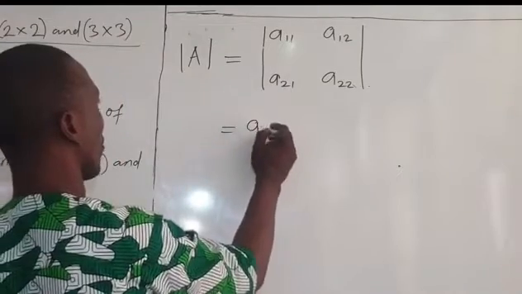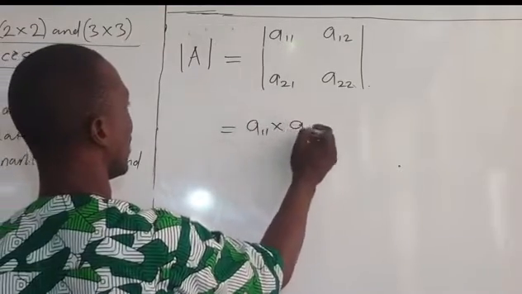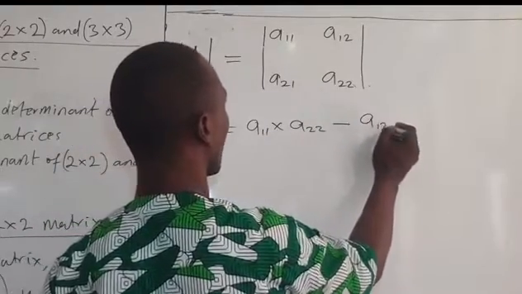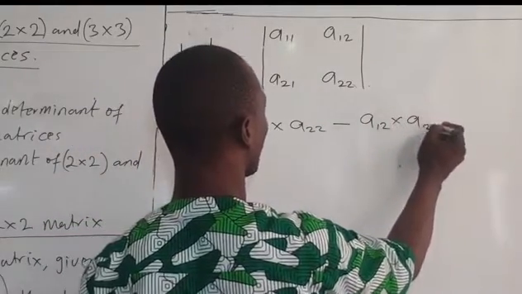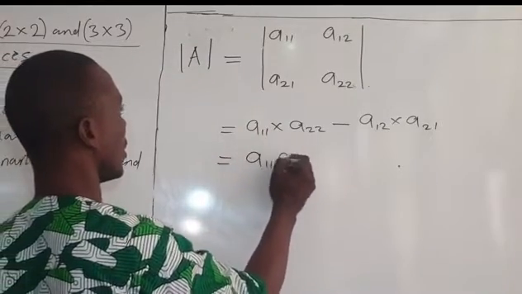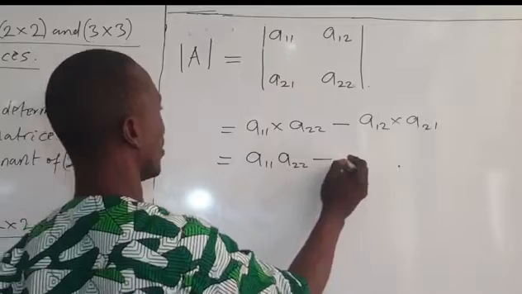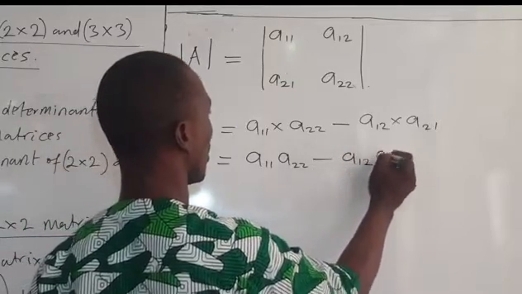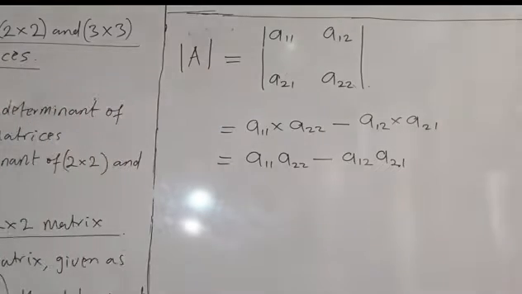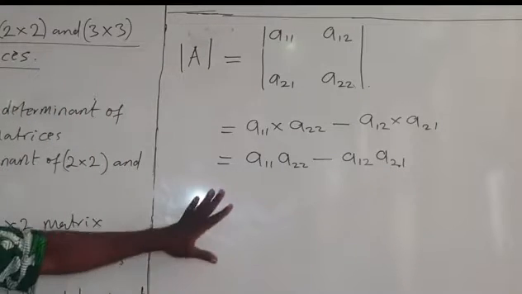A11 multiplied by A22 minus A12 multiplied by A21, which is equal to A11 A22 minus A12 A21. This is the simplification of the determinant of a 2 by 2 matrix.